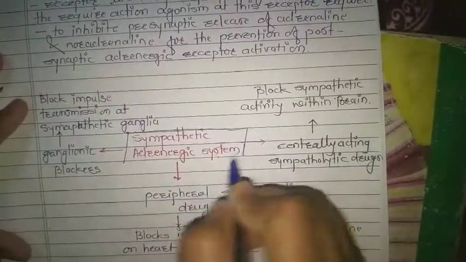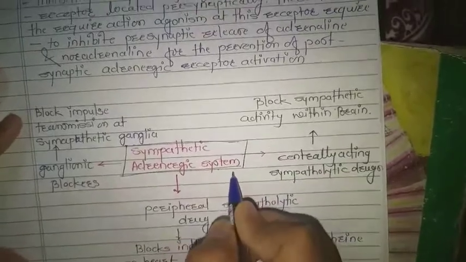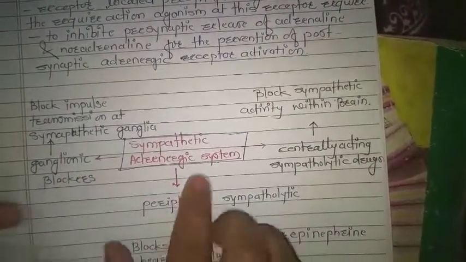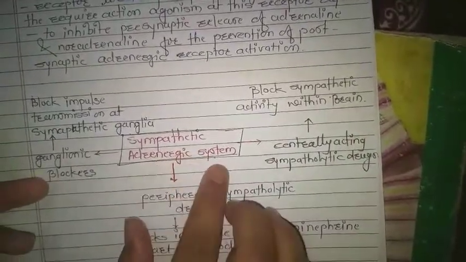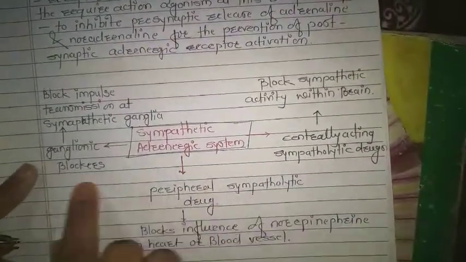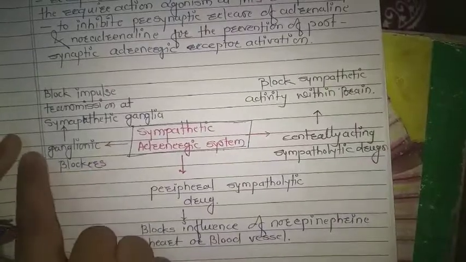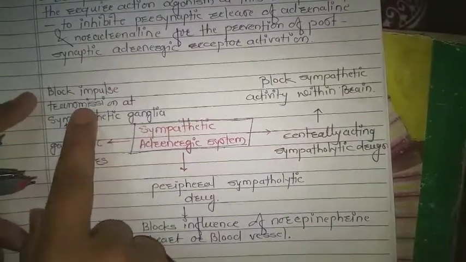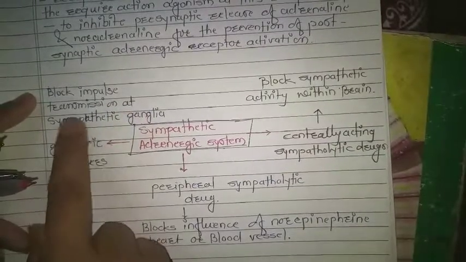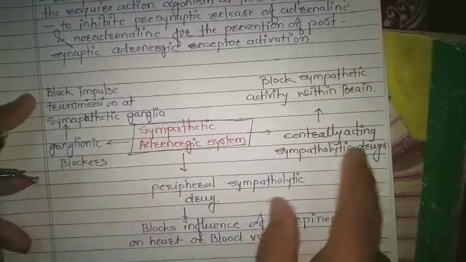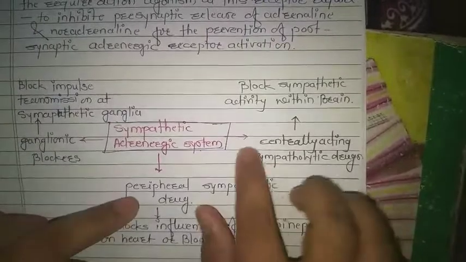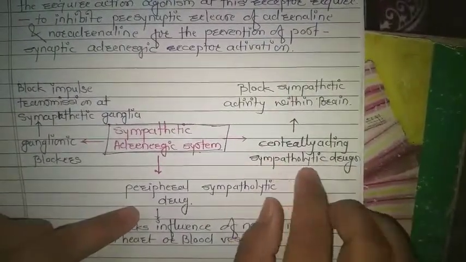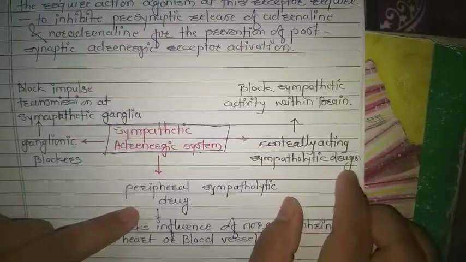These are the three different levels of the sympathetic adrenergic system. First, it acts on ganglionic blockers. It blocks the impulse transmission at sympathetic ganglia. Second, it acts on centrally acting sympatholytic drugs.